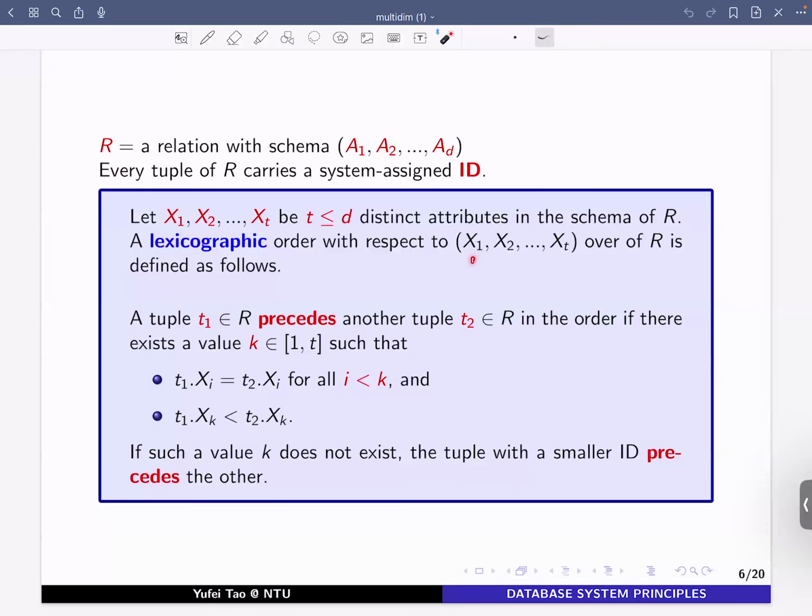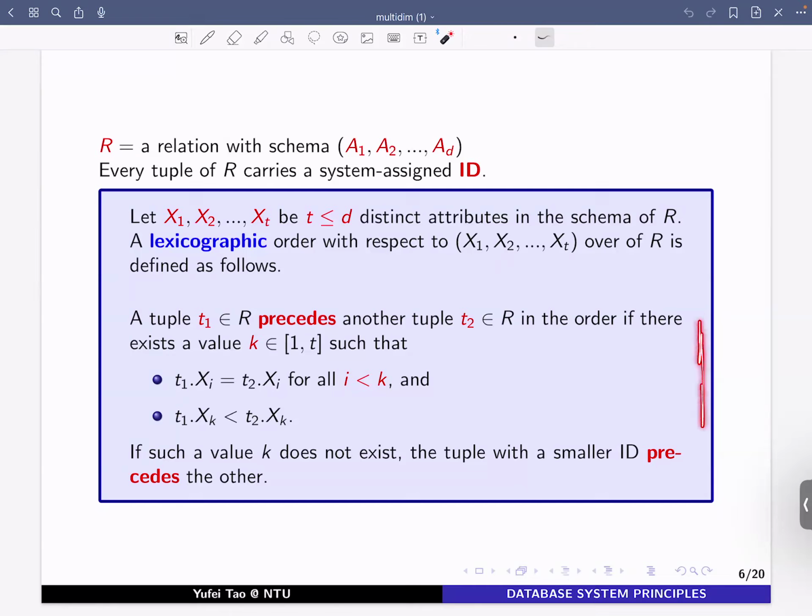But if they have the same value on x1, you proceed to compare their x2 values, and so on and so forth. It's also possible for T1 and T2 to have exactly the same value on every single attribute, in which case you simply compare them based on the ID. So ID is always the last resort, okay?